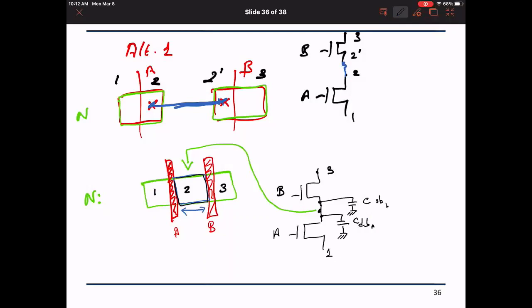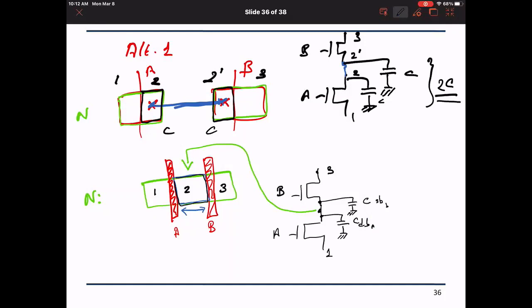And this is the source of B. So I will have, in this scenario, this will have its own area allocated for it to exist, to be a transistor. And this will have its own area allocated to it to be a transistor. So these will have one capacitor, two capacitors, right? So if this is C and this is C, this will be C and C in parallel. The effective will be 2C, right?